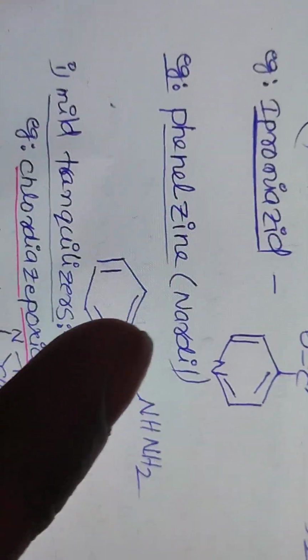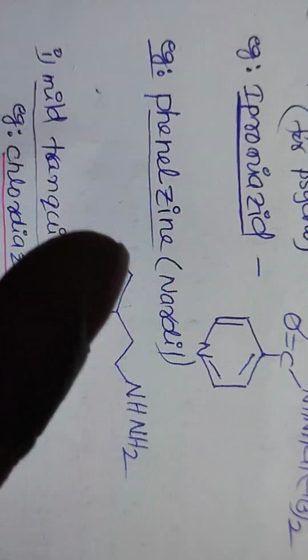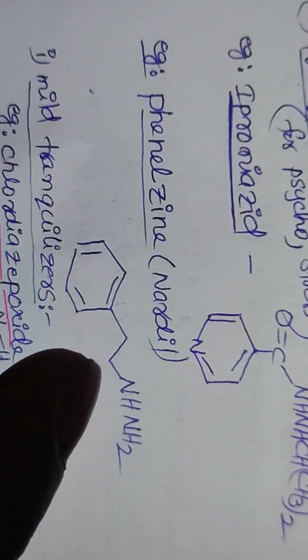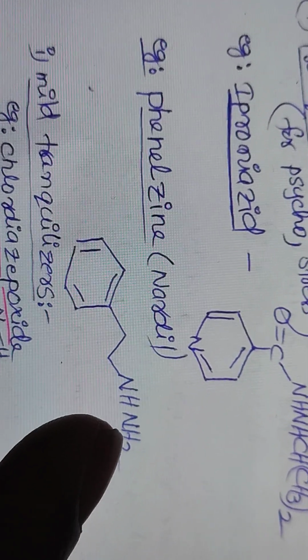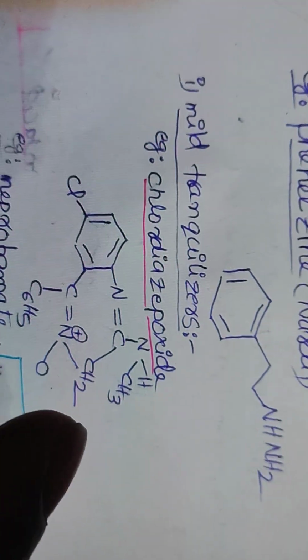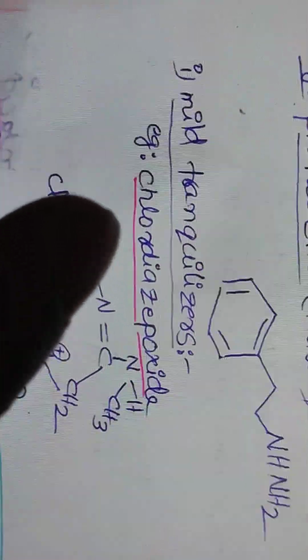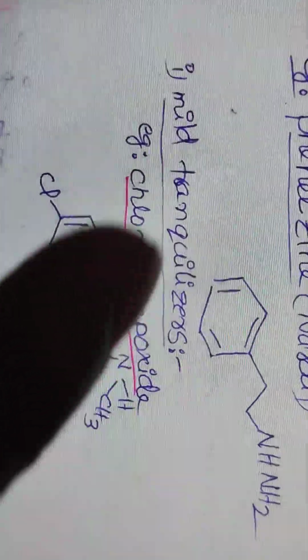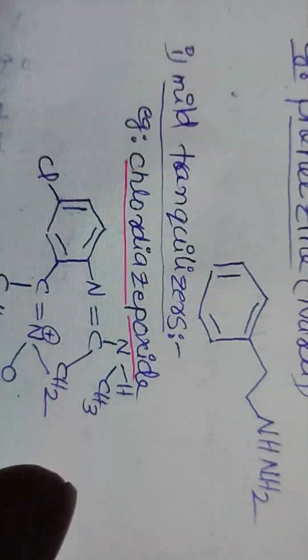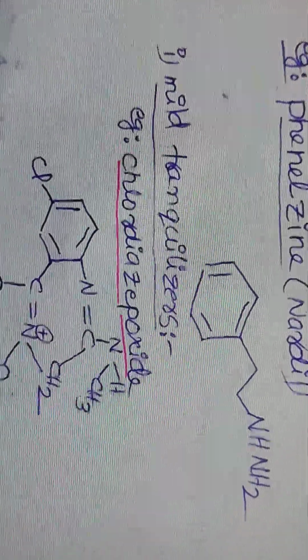Next one, phenelzine. This is the phenelzine structure, with a phenyl group and a hydrazine part. Next, mild tranquilizers. Mild means not very strong, not very weak, so middle.